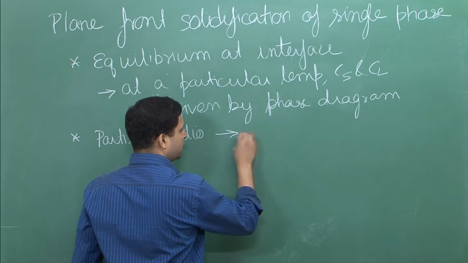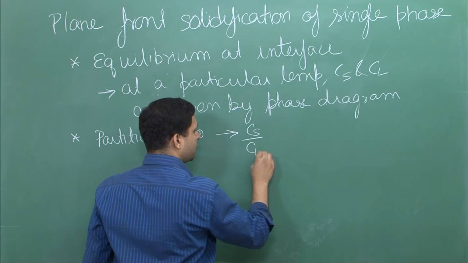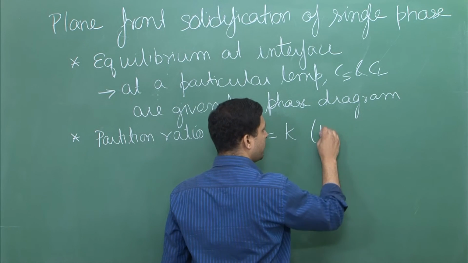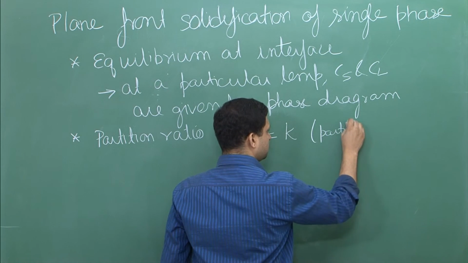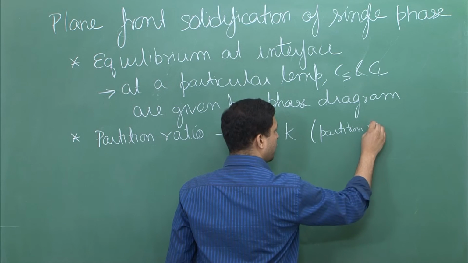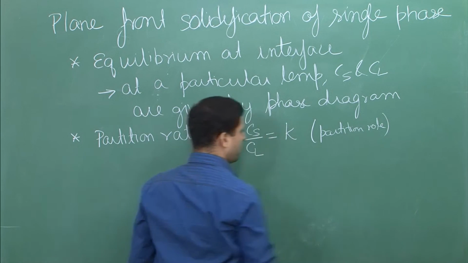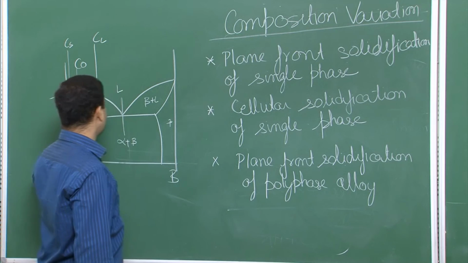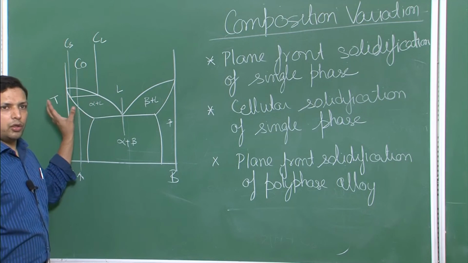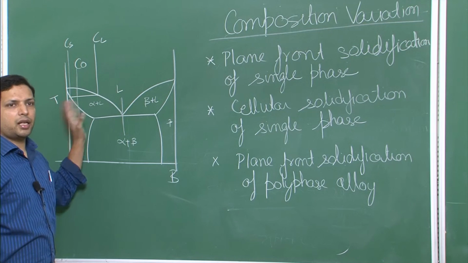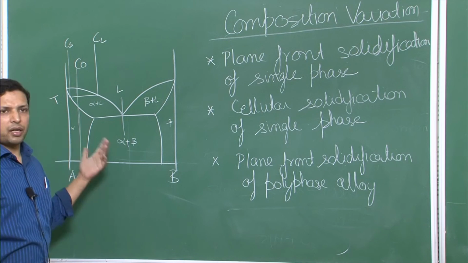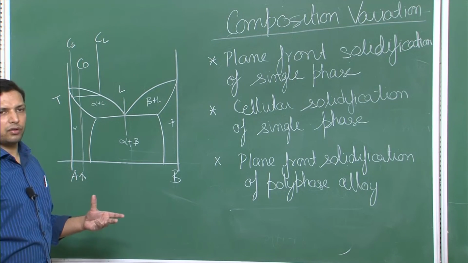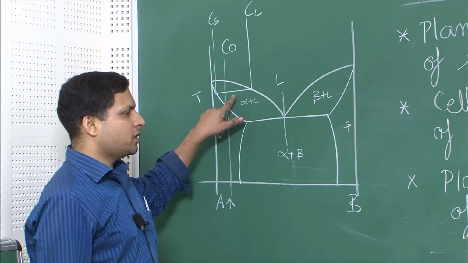The ratio of this Cs by Cl is given a term K, which is the partition ratio, and it has an important role to play. It determines that for a particular temperature what will be the solute concentration in the solid part and the liquid part. That is why it is called partition. What fraction of solute is in the solid and what fraction of solute is in the liquid is determined by K.